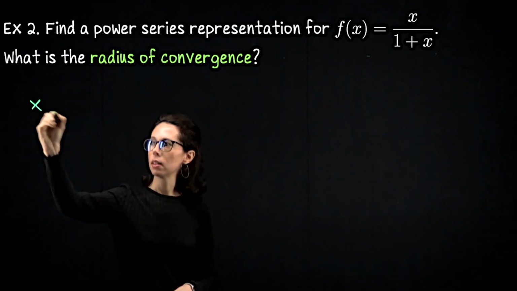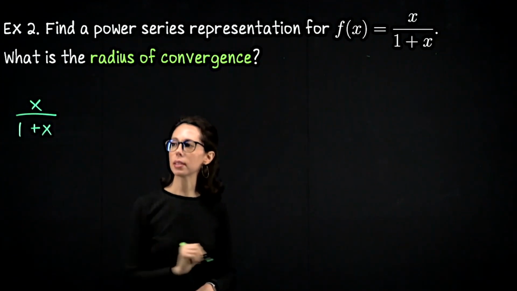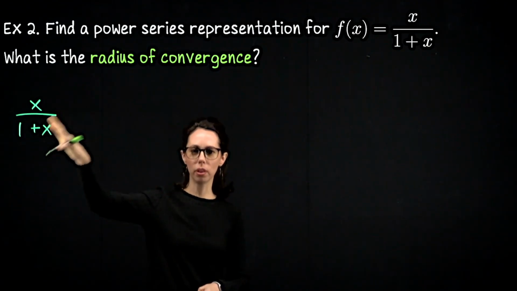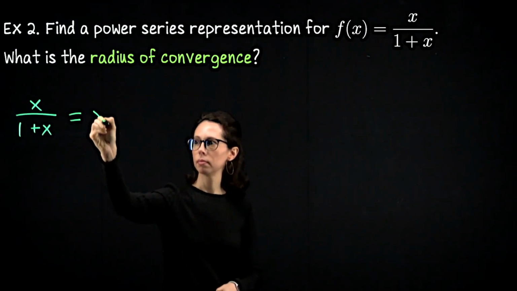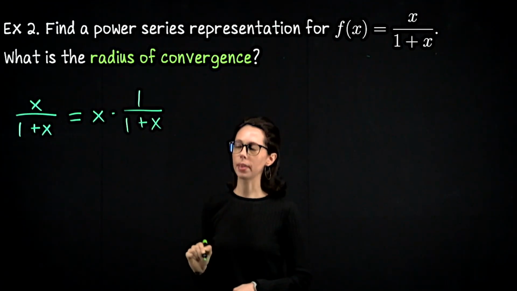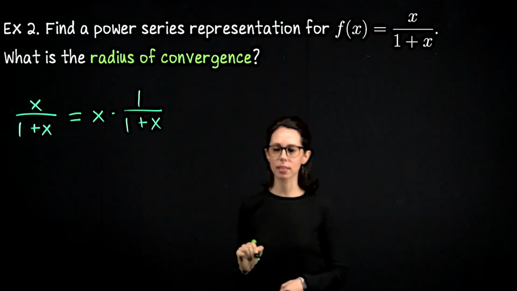So let's write down what we have, x over 1 plus x. Just like before, I'm going to take that numerator and pull it in front. Okay, that's as far as we needed to go with the previous activity.